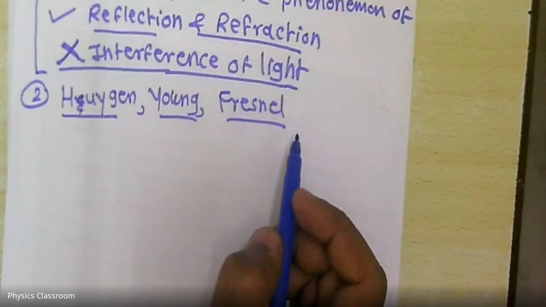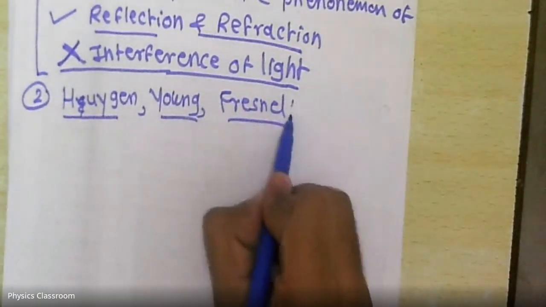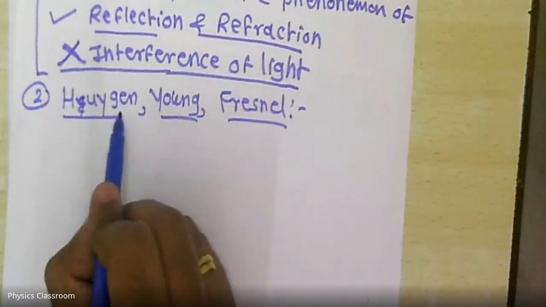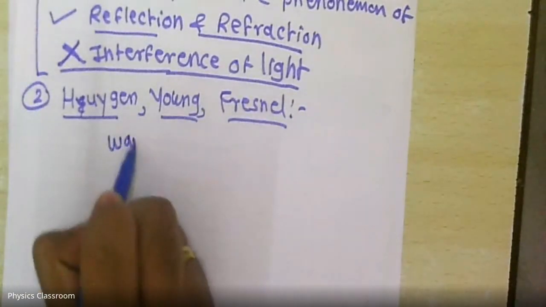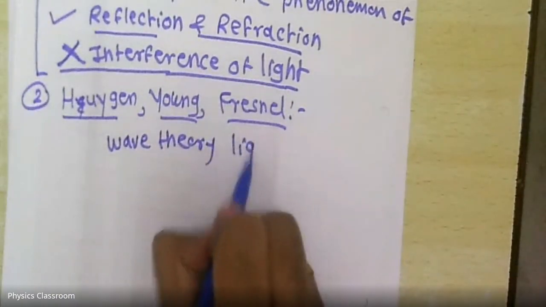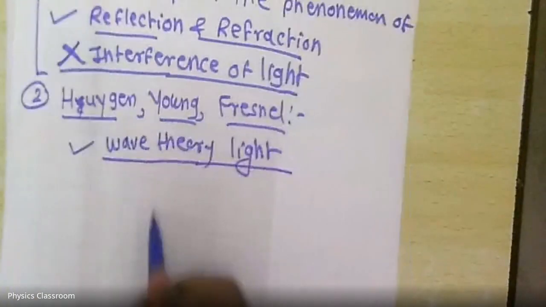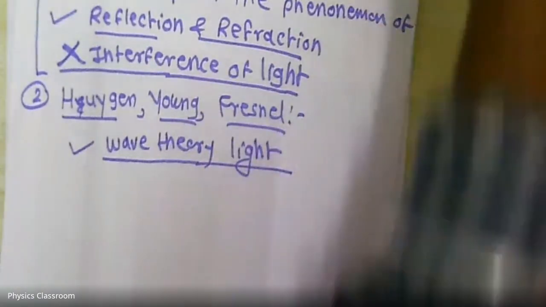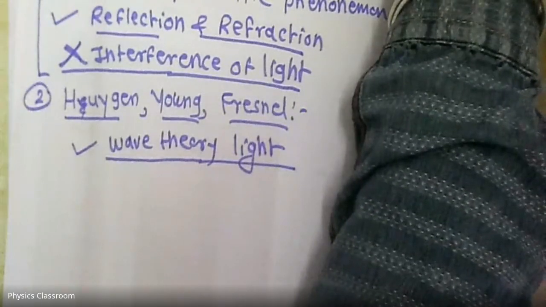This theory proposed the wave theory of light. These three scientists, Huygens, Young and Fresnel, proposed the wave theory of light.